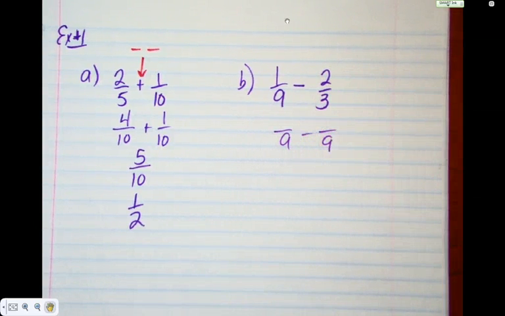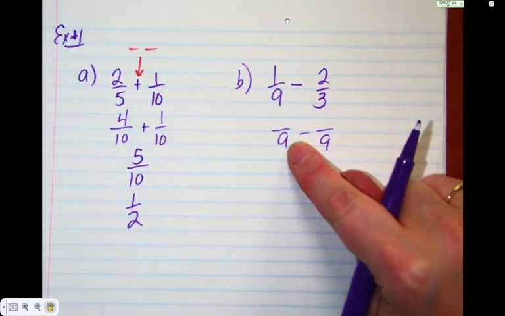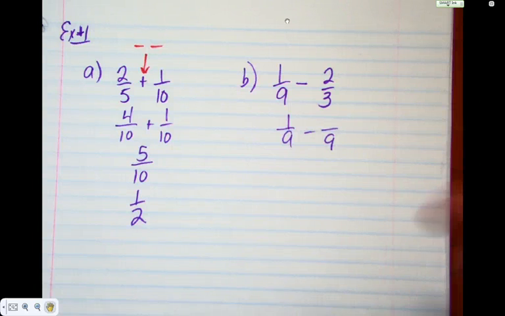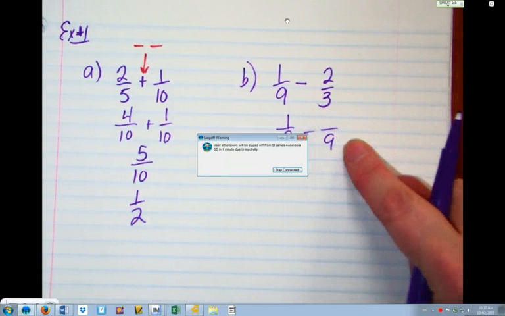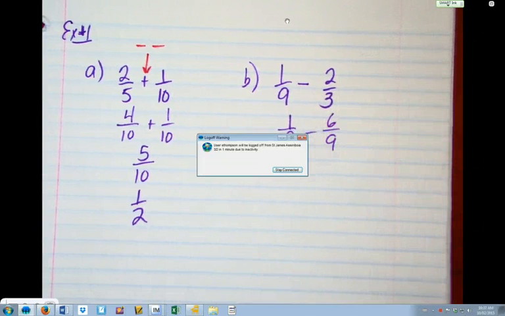Not OCD, that's something different. Step number 3, multiply the numerators. So the first fraction, how do we go from 9 to 9? Times 1, so 1 times 1. Second fraction, how did we go from 3 to 9? Times 3, so 2 times 3? 6.